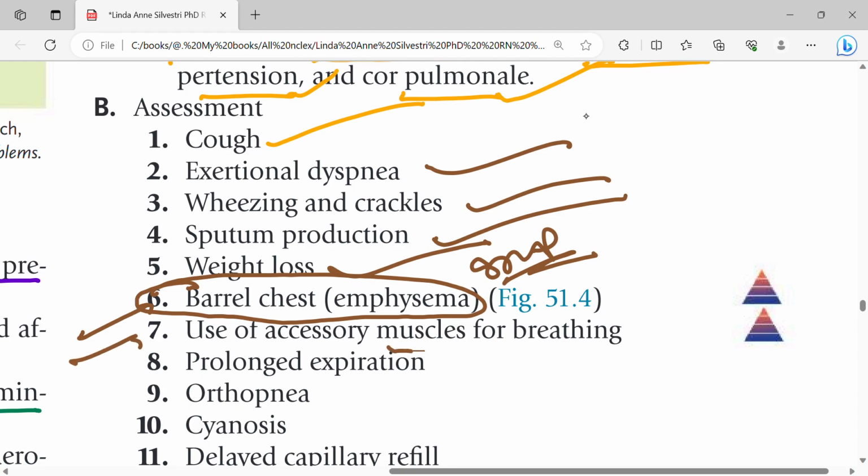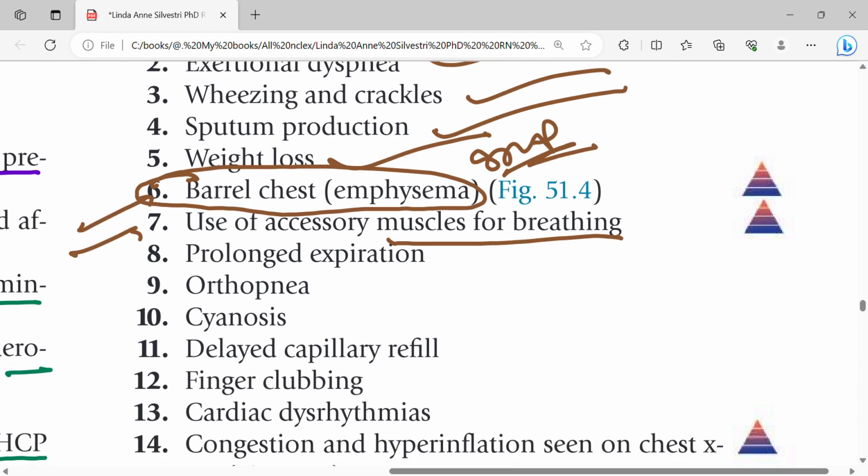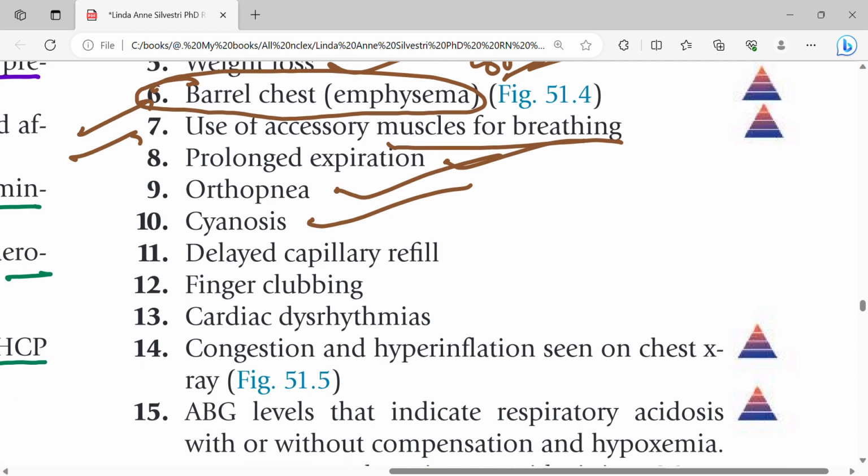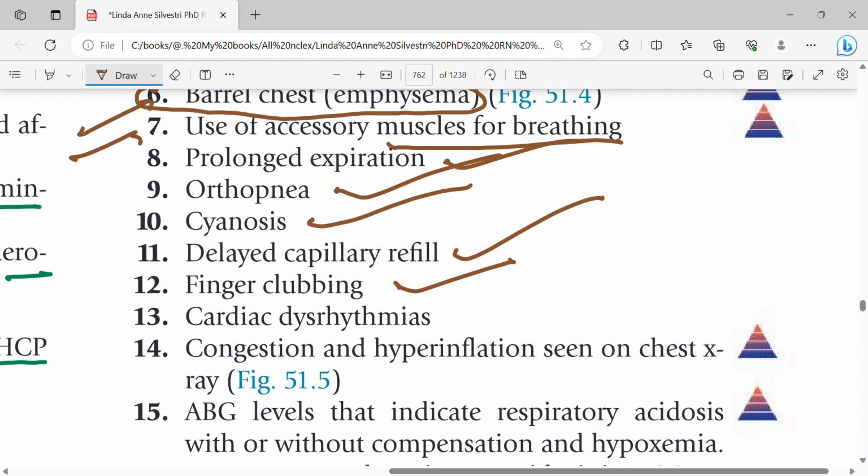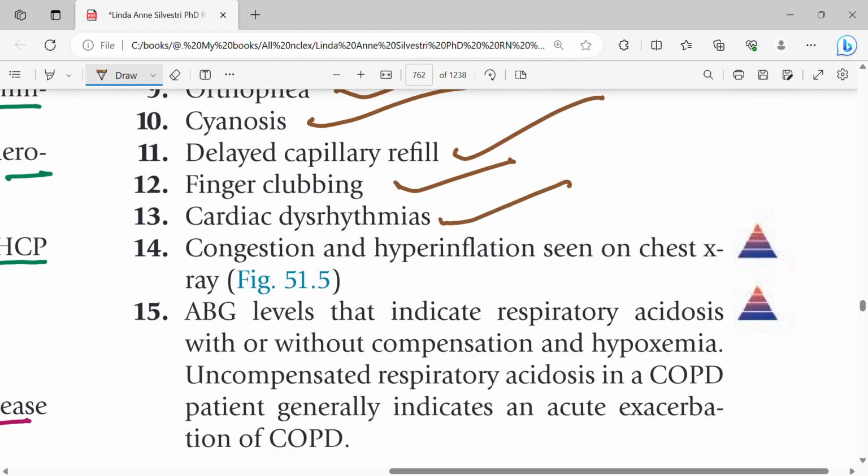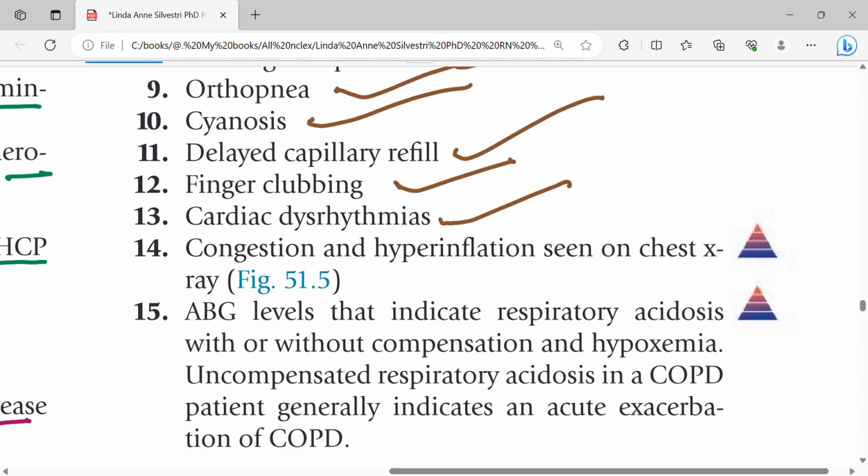Patient will use accessory muscles for breathing. Prolonged expiration can be there, orthopnea, cyanosis, delayed capillary refilling, finger clubbing. Cardiac dysrhythmias can also be there.